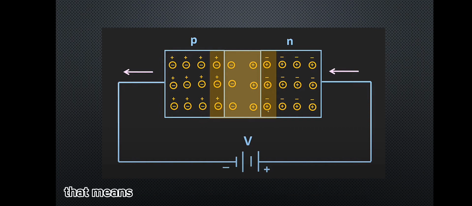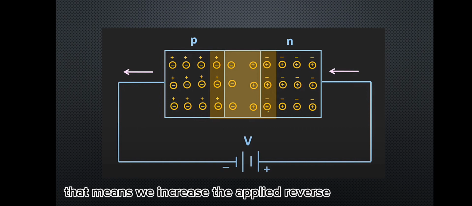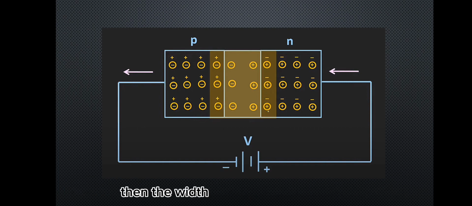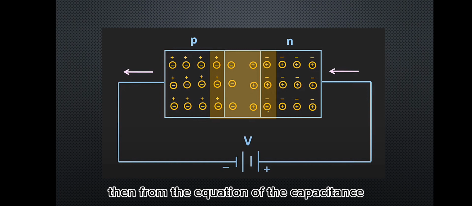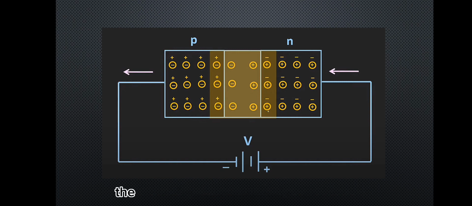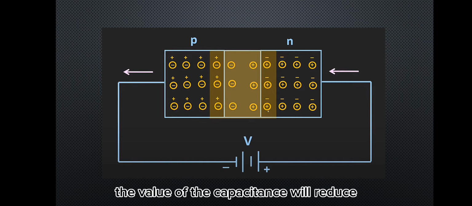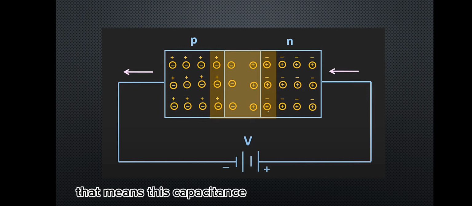That means if we increase the applied reverse bias voltage, then the width of the depletion region will also increase. And as the depletion region width increases, then from the equation of the capacitance, we can say that the value of the capacitance will reduce. That means this capacitance is inversely proportional to the applied reverse voltage.